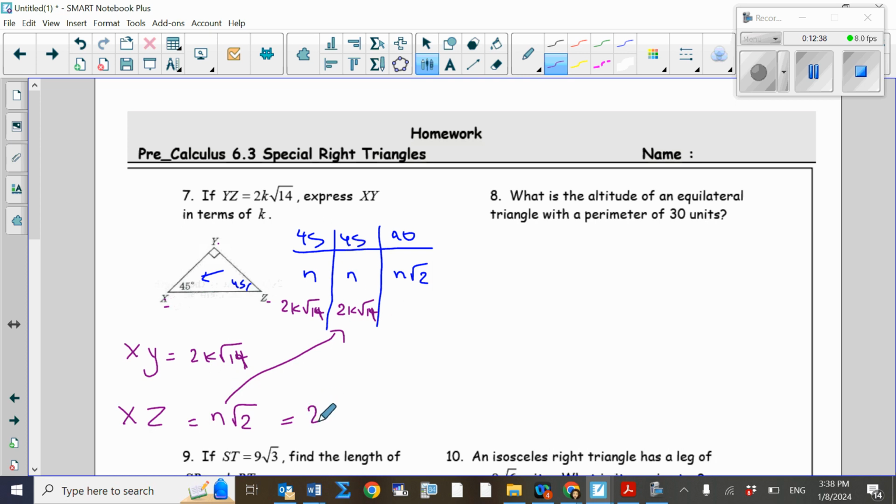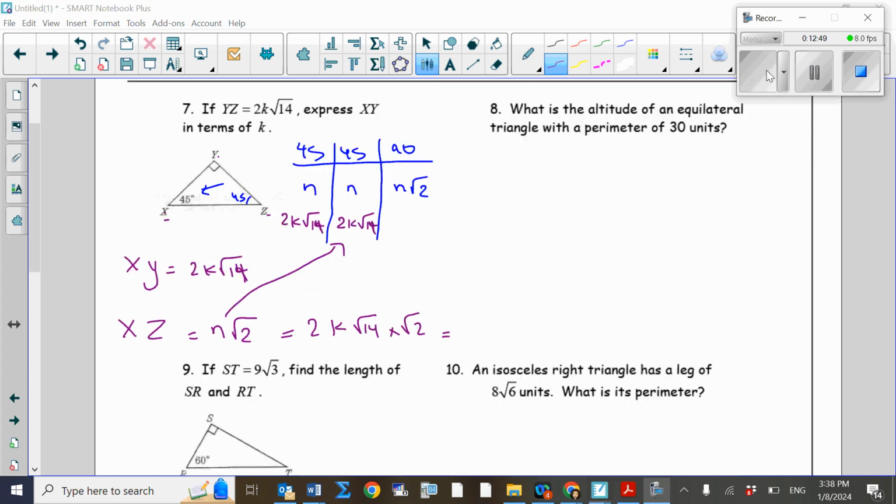So it's 2k root 14 times root 2. Now I can simplify this. So let's see what we have. This is 2 times k. 14 is 2 times 7. And we have another 2, root 2, that is multiplied.